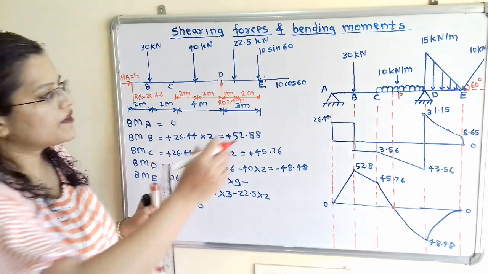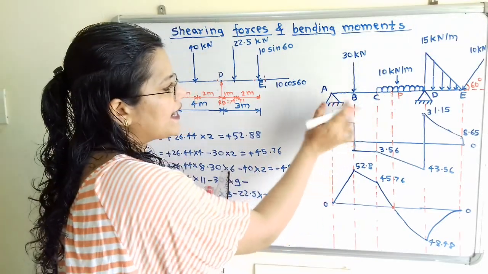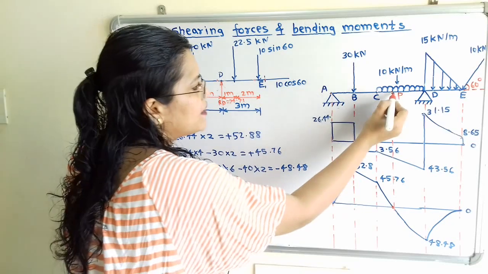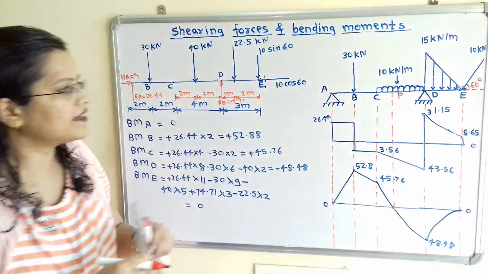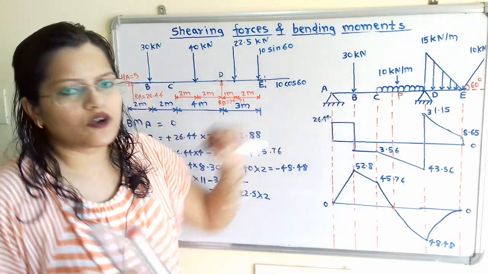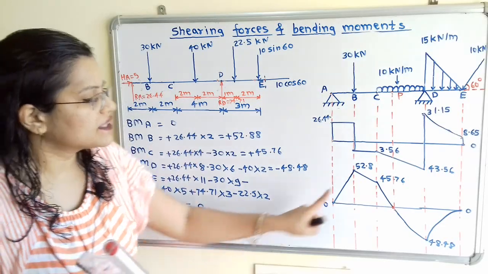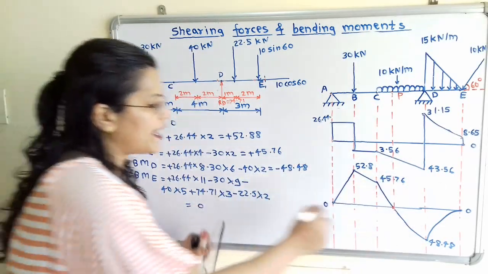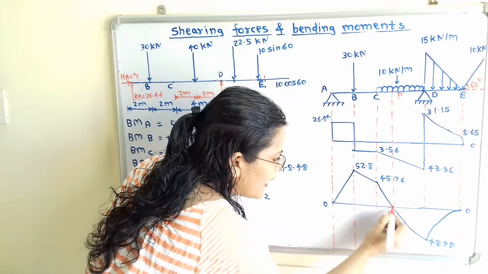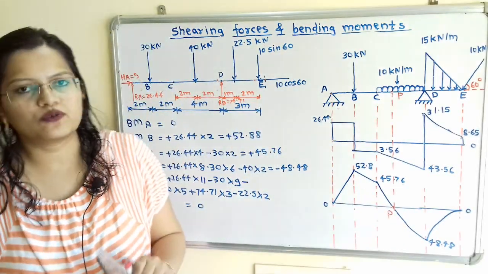So again we will show here the free body diagram from point A to point P, and we will find out the exact location of the point P, because if we observe the bending moment diagram, the bending moment at point P is equal to 0.